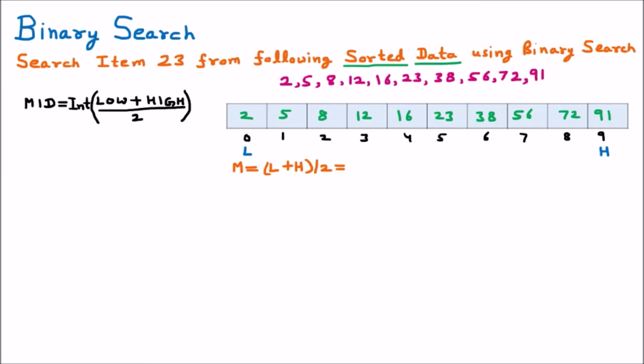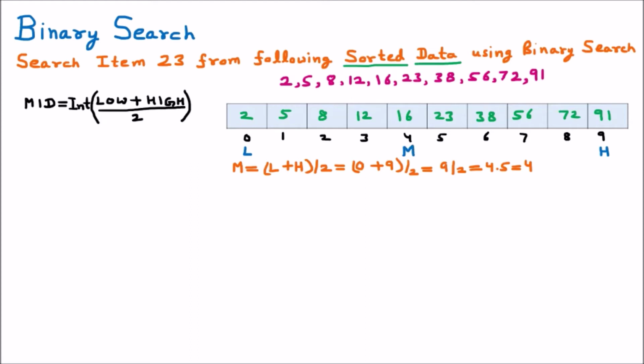Low is 0 plus high is 9, so that completely divided by 2 is 9 by 2, which is 4.5, and we have to take the integer value, that means 4. So here the middle we have is 4. So now we mark the middle on the 4.